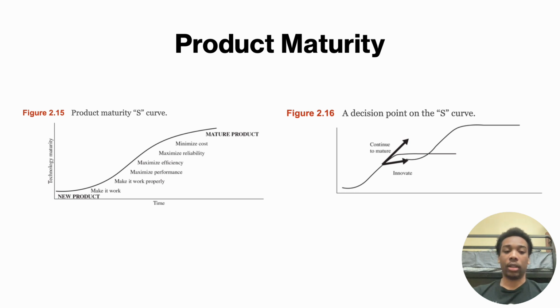You're not gonna start off with a mature product, but once you do eventually have a mature product, then you have decisions to make, right? Because the product isn't changing anymore, it's getting stale, so you need to innovate, right? And if you don't innovate, you might get outcompeted in the industry that the product is performing in.